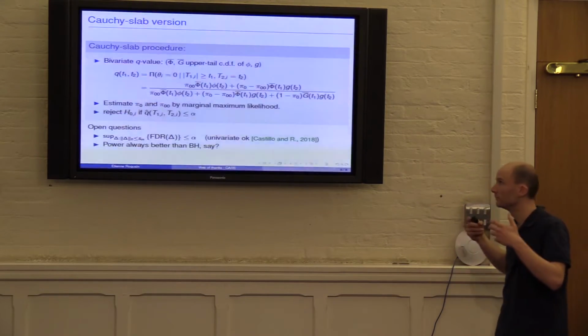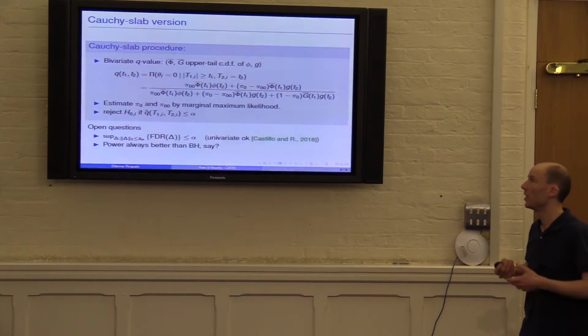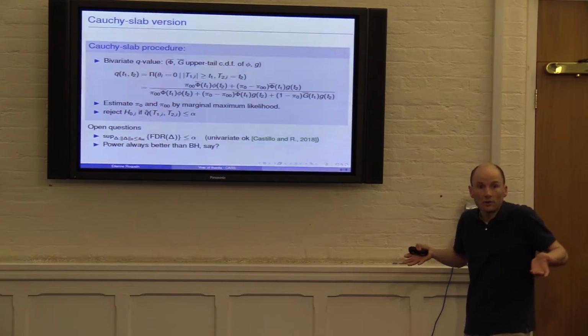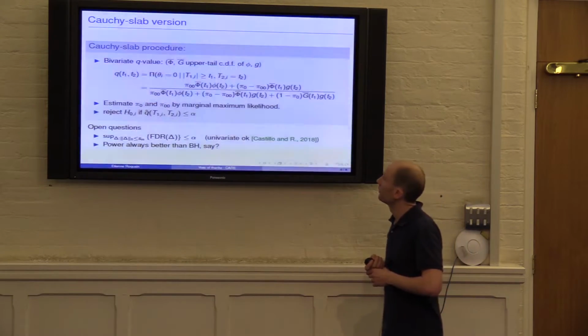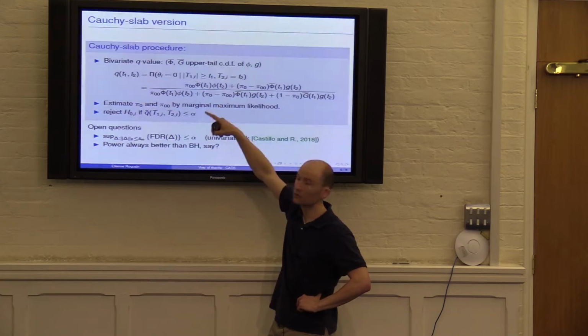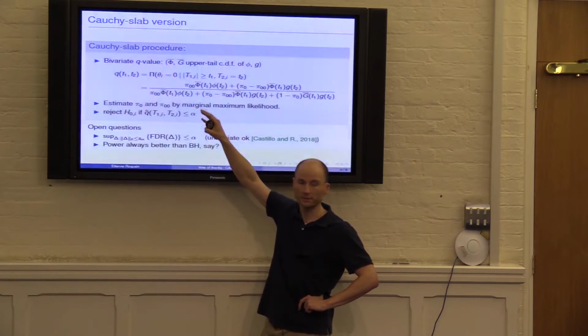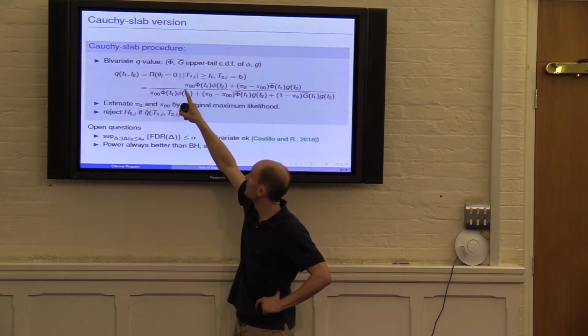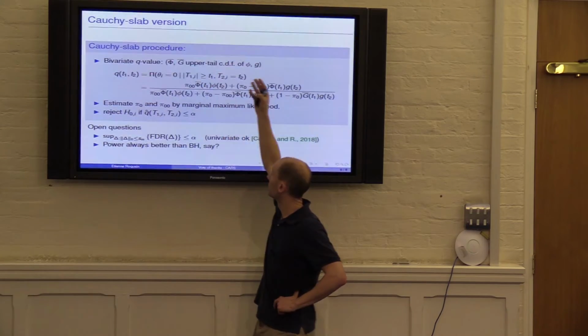So we can discuss a Cauchy slab version of CARS that computes this posterior probability. This is the Q value, but it is the same as the local FDR: the probability to be 0 given T1 and T2.